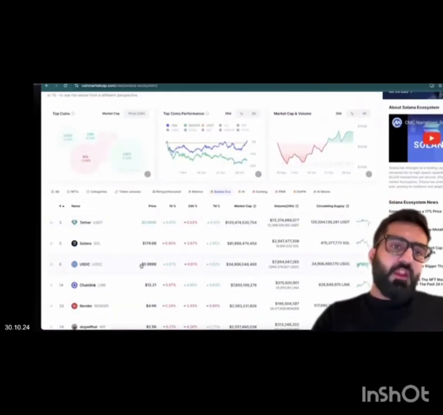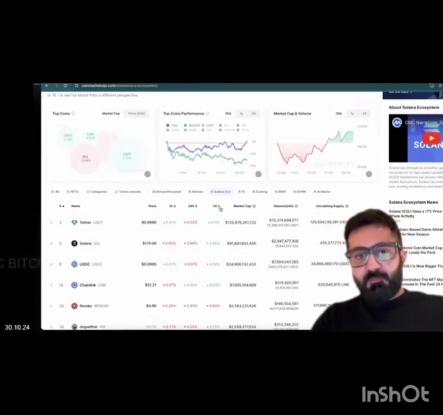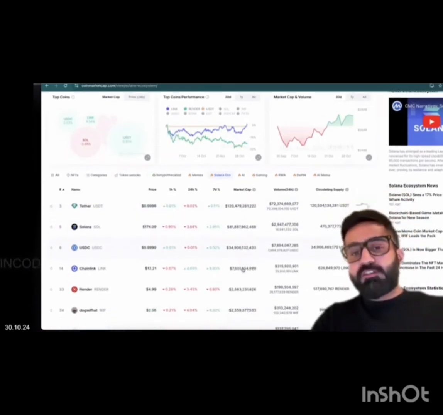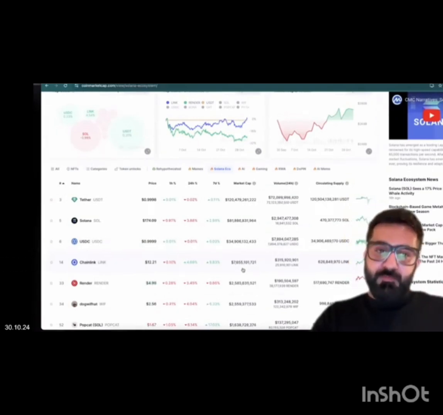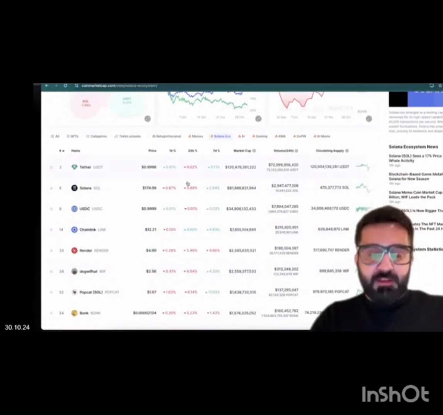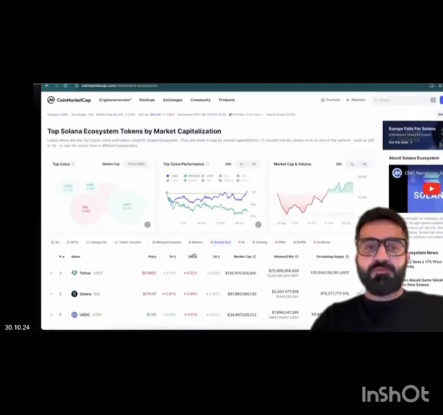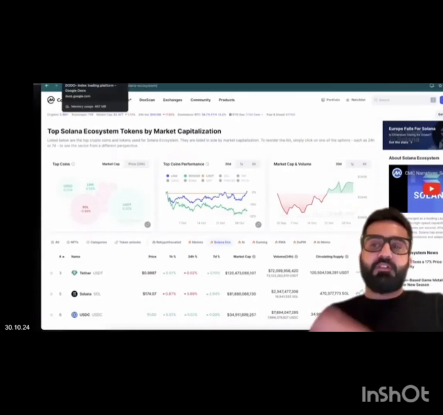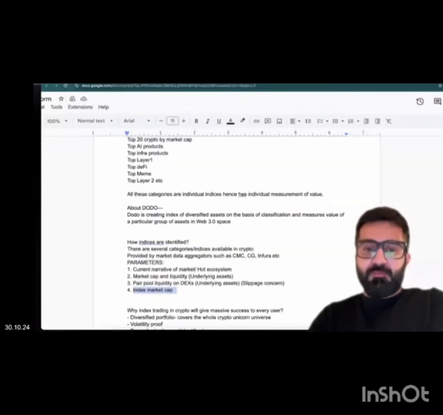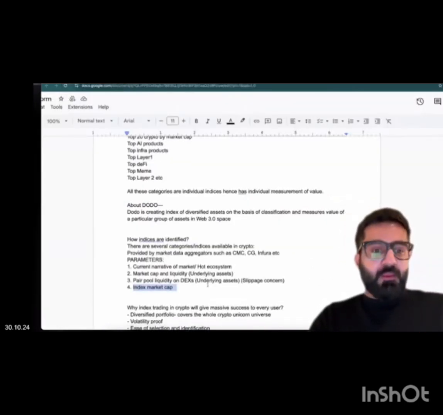So it will be easy for us to determine by market cap which is the biggest ecosystem right now. So in total, if we take like 10 or 20 assets and we calculate the market cap of the Solana ecosystem, we will understand the total market cap the Solana ecosystem is occupying in the market. That gives us understanding to create these indices.